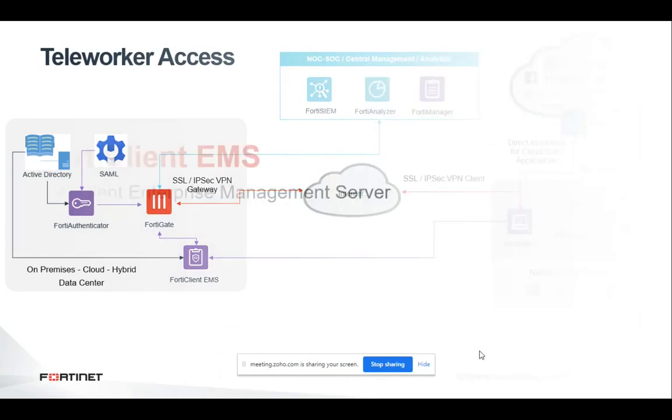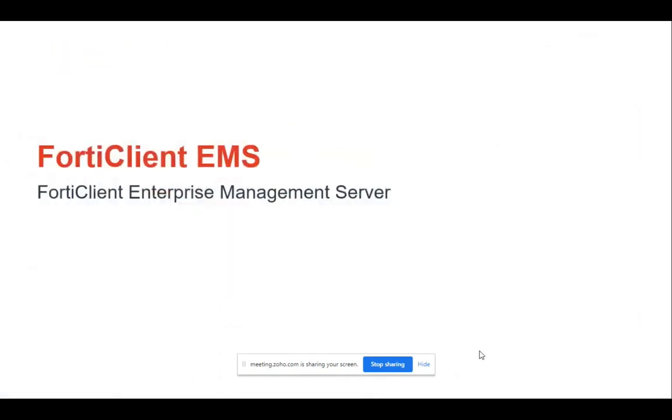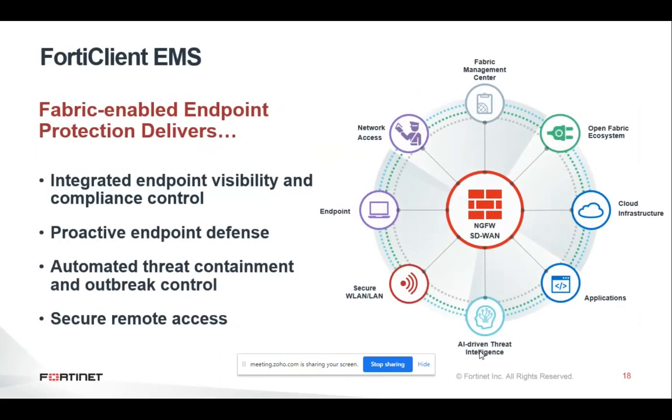Next is the FortiClient EMS, or FortiClient Enterprise Management Server. This is a client-server architecture where you install one server and manage all your clients from one central location. As we saw previously, FortiClient and the Fortinet Security Fabric work together. The administrator has visibility and control over the network, and FortiClient sends data to help the IT team identify specific risks.